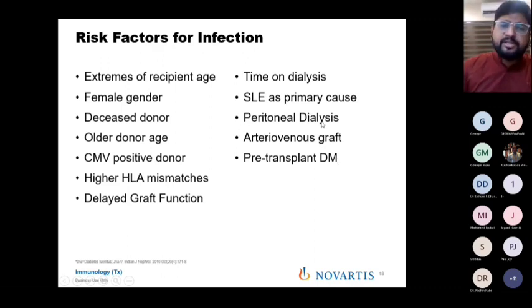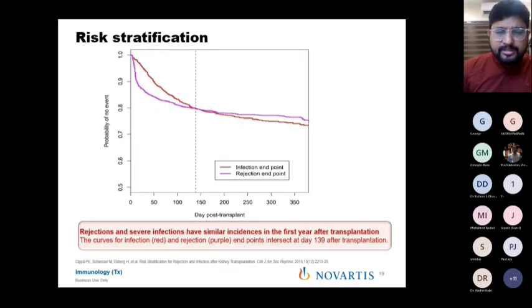So these are the patients who are more prone to infection. These predisposing factors with the net immunosuppression which we are going to give will define the total net immunodeficiency in this patient. There was a study in 2015 where they tried to see the risk stratification for both rejection and infection, and they found that similar incidences were present up to the first year after transplant, and at around 139 days from the day of transplant, both the risk factors had intersected with each other.